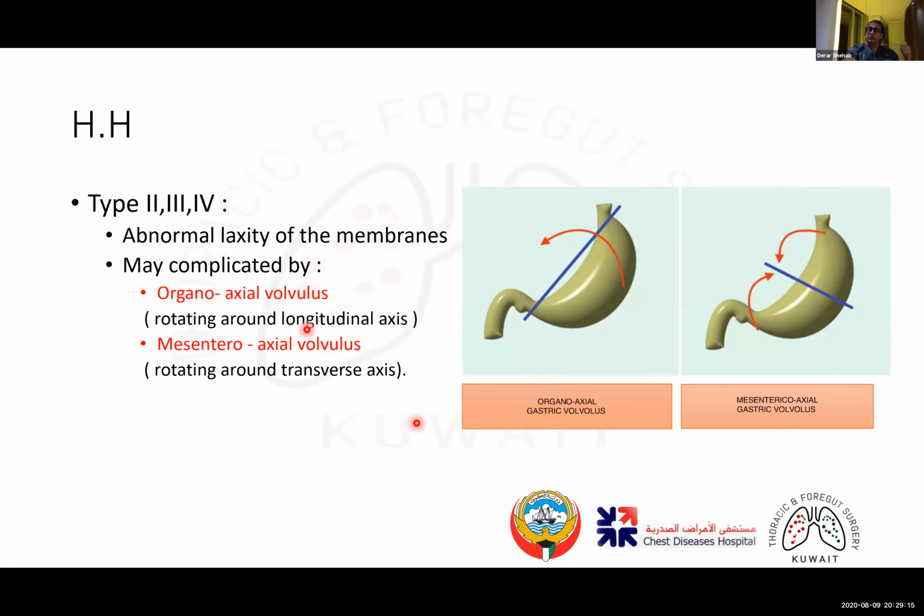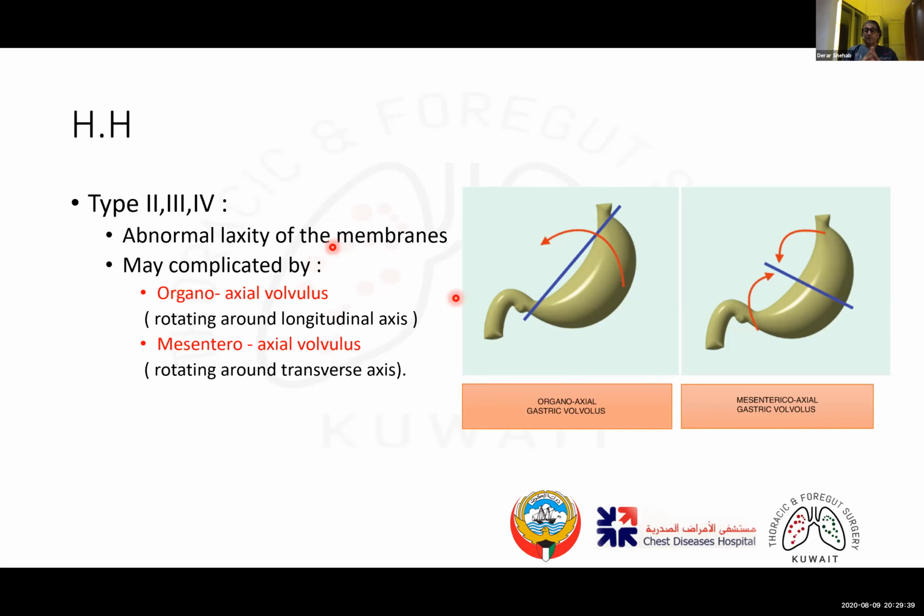In types 2, 3, and 4, almost all membranes surrounding the esophagus and the stomach are lax. And most of the time, those hernias are large, not giant, but large, and may be complicated by volvulus.